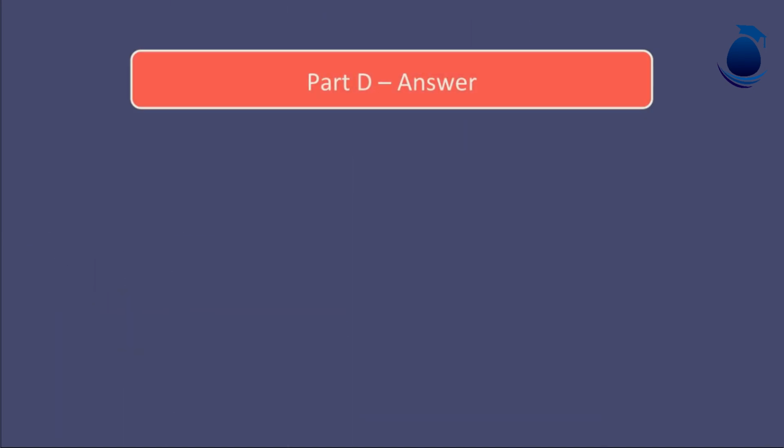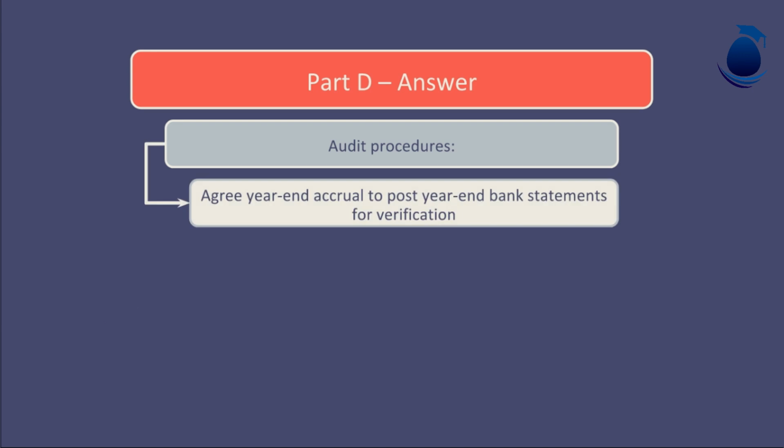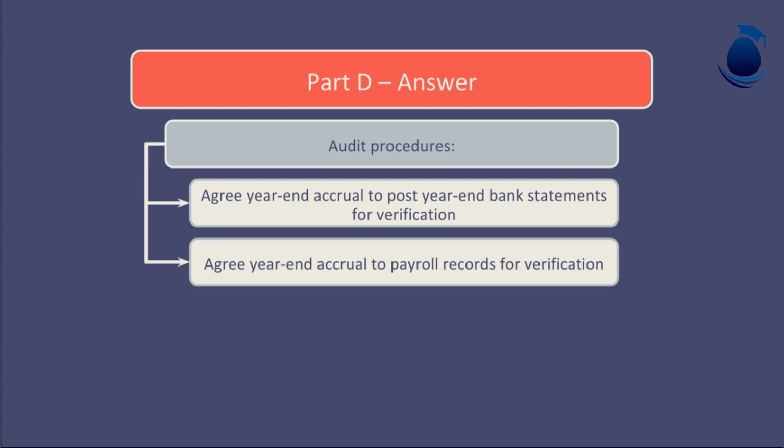My 4 audit procedures would be: agree the year-end accrual in the financial statements to the post-year-end bank statements to verify they have been paid and it is for the agreed amount. Agree the year-end accrual in the financial statements to the payroll records to verify accuracy.